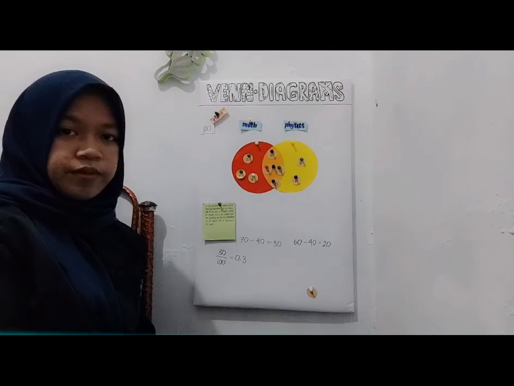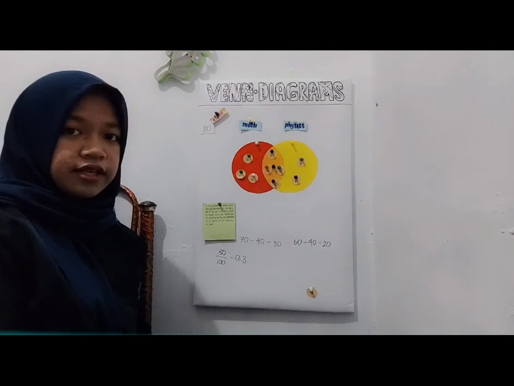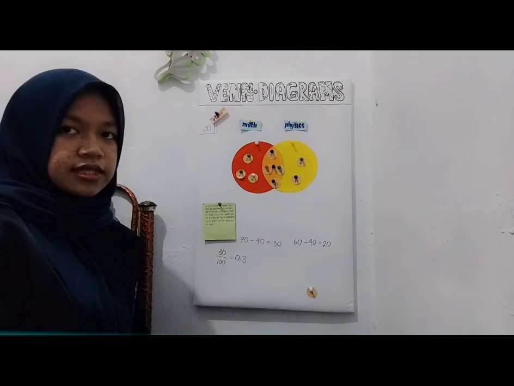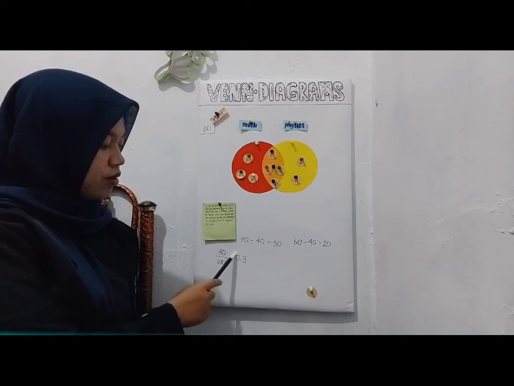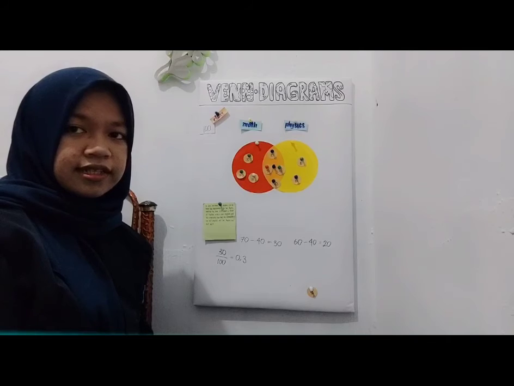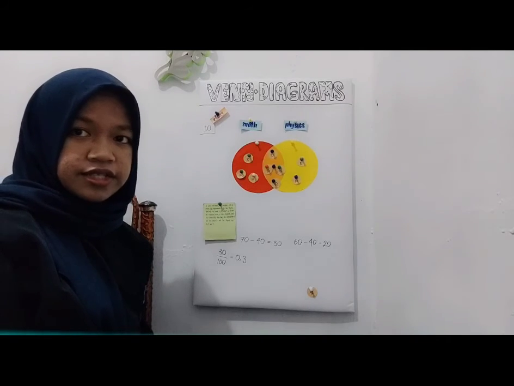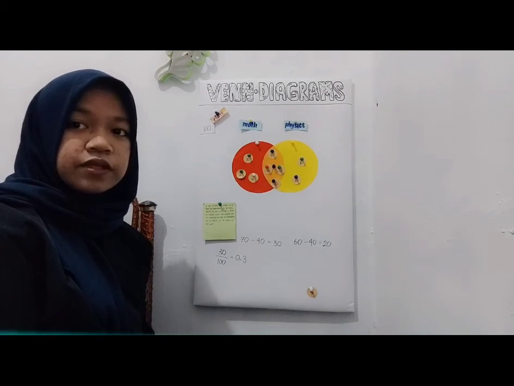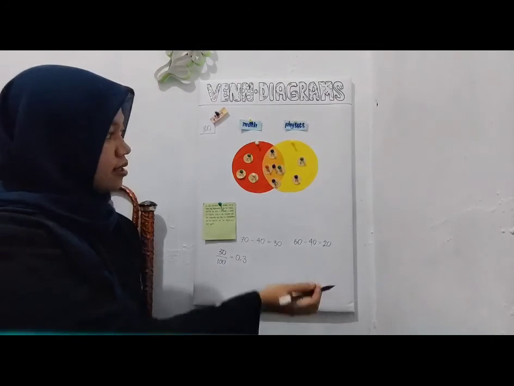Then the probability a student likes mathematics but not physics is 0.3.